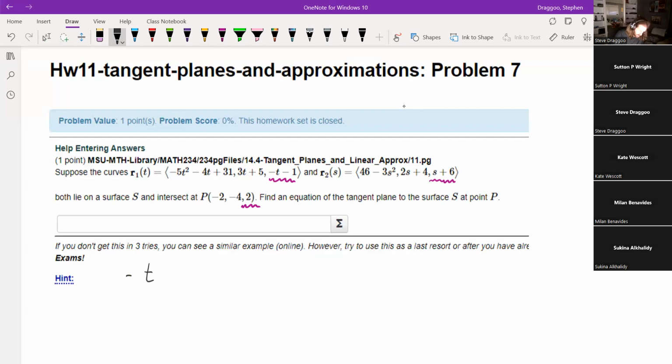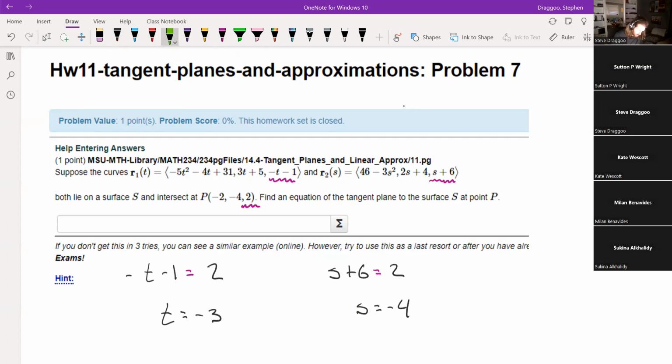Negative T minus 1 is equal to 2. And on the other side, S plus 6 is equal to 2. Meaning that T is equal to negative 3 and S is equal to negative 4.